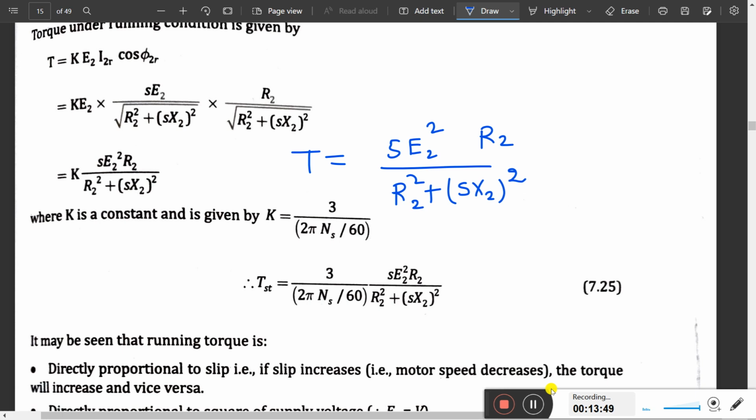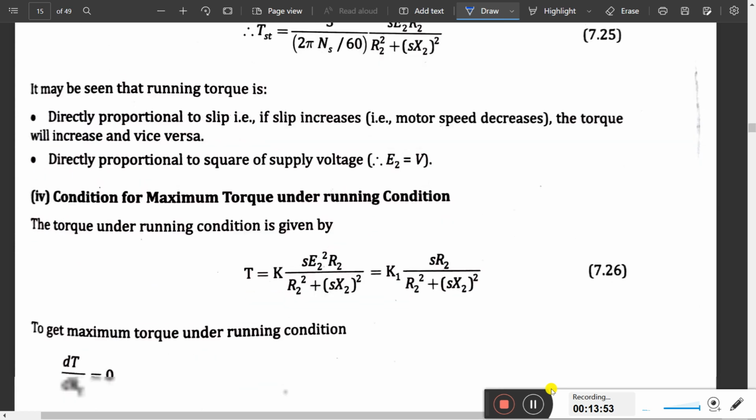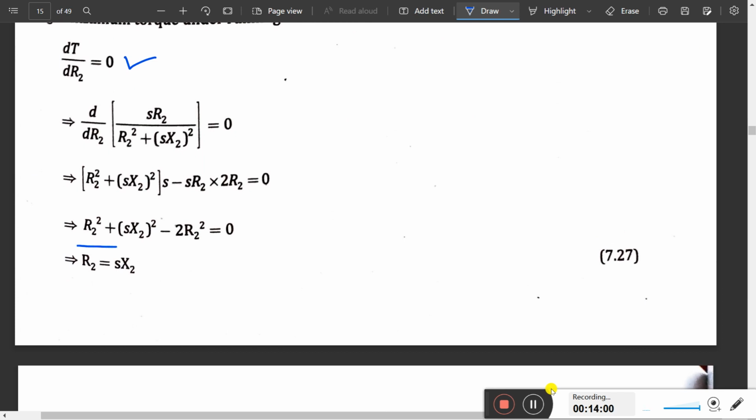To get the maximum torque under running condition, we should differentiate that equation and equate it to 0. When you differentiate and equate it to 0, you will get R2 is equal to S X2. At standstill, you got only R2 is equal to X2, where S is equal to 1.